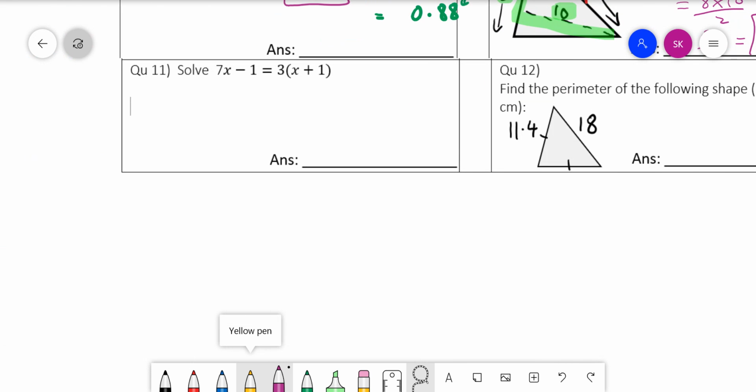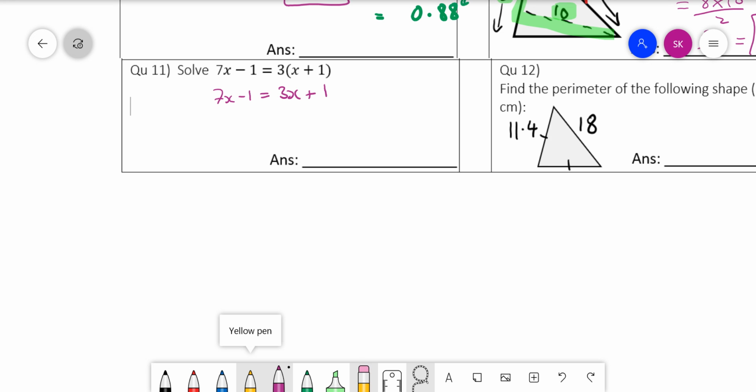Number 11. Solve this equation. So we've got x on both sides. We need to get rid of the smallest x, but we cannot do that yet because there's a bracket here. So what we've got to do first is expand the bracket. You see my mistake? Done a little mistake there.